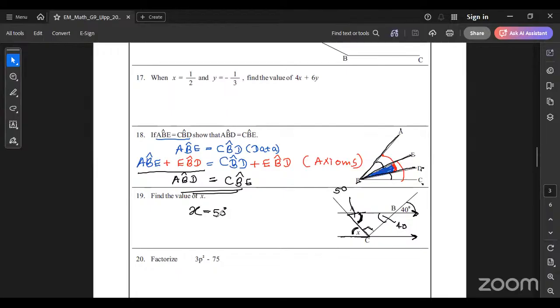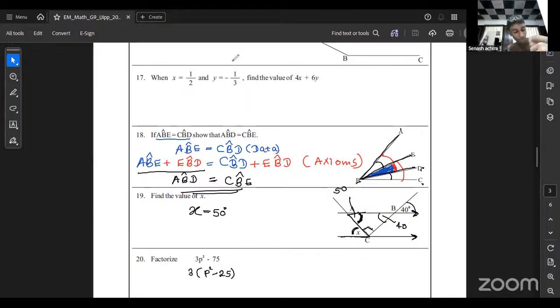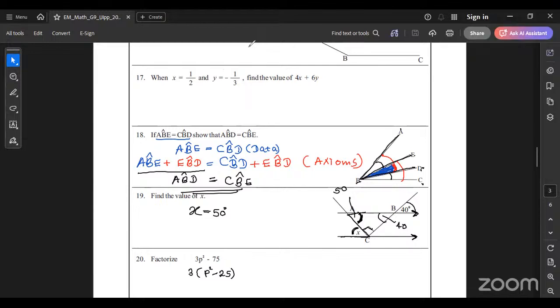Factorize this part. Then 3 you can take out: 3 times the bracket p to the power 2 minus 25.